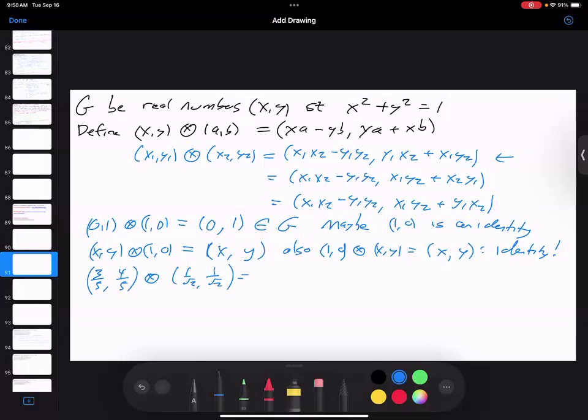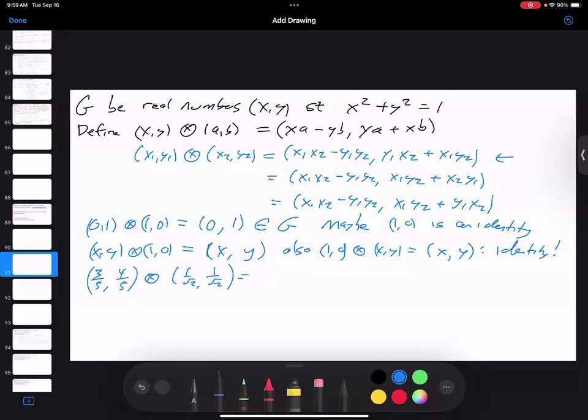Okay, is anybody looking forward to using the definition and multiplying everything out? No. So this is a great opportunity to talk about how we can do a calculation like this nicely. If I were to multiply x and y by 5, notice that it would multiply this expression by 5, because each expression has only one x or y, and it would multiply the second component by 5. Similarly, if I multiply a and b by 5, I multiply the first expression by 5 and the second expression by 5.